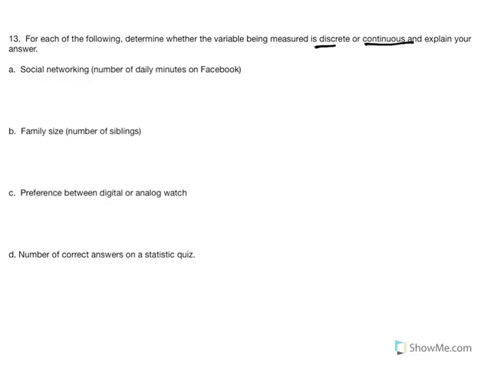Okay, so let's take the first one. Social networking, number of daily minutes on Facebook. So again, we want to measure the amount of time that they're accessing Facebook or are engaging in social network activities. So the fact that we're working with minutes, okay, it's a numeric scale, and we know that minutes can be broken into smaller portions.